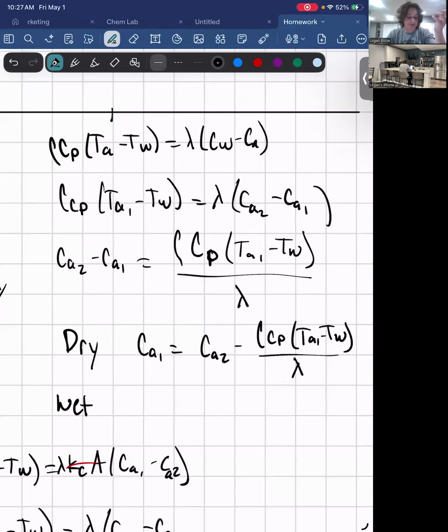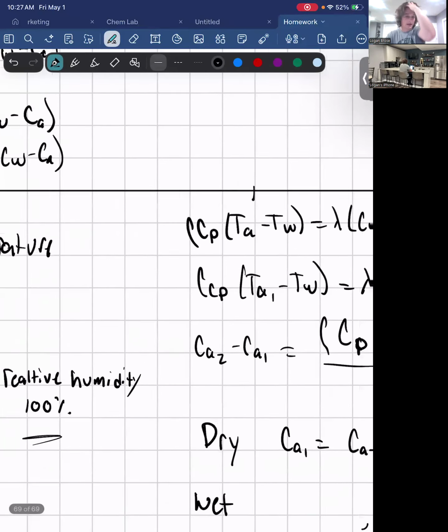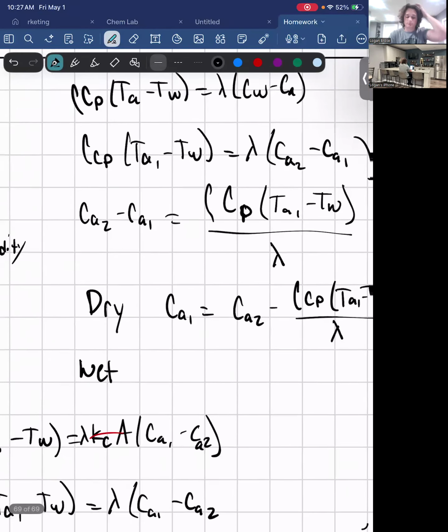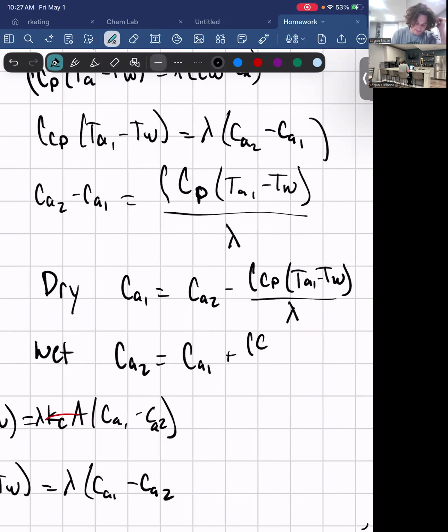And for that case, we want to look at the concentration too, because our relative humidity is 100%. So our concentration of water in the air will be 100%. So we know that Ca2 equals Ca1 plus rho Cp (Ta1 minus T water) over lambda.